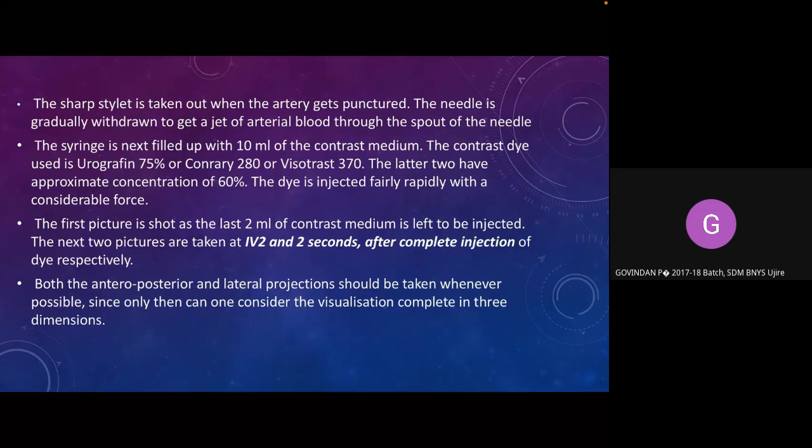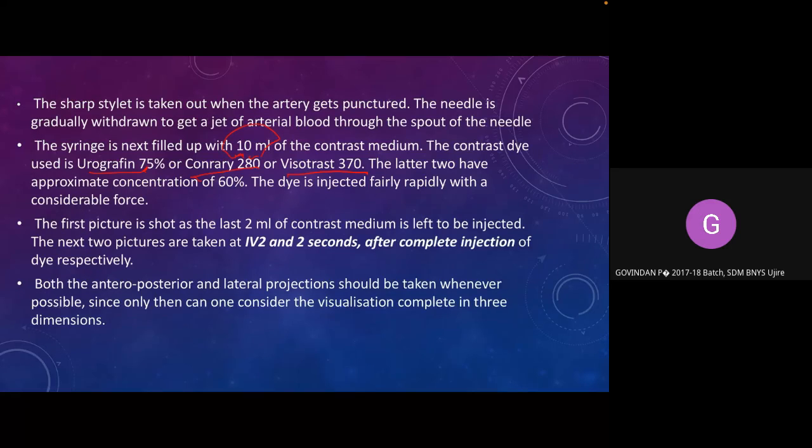How do you know you have entered the artery? Always you will have a jet of blood, and it is not usually controllable that easily. For carotid angiography, we take 10 ml of contrast dye, usually Urografin for the brain, or Conray 280 or Visipaque 370.